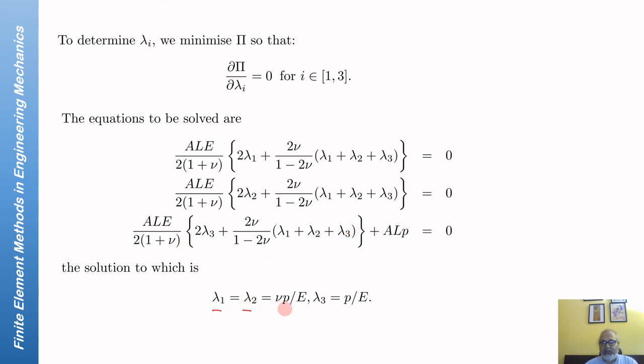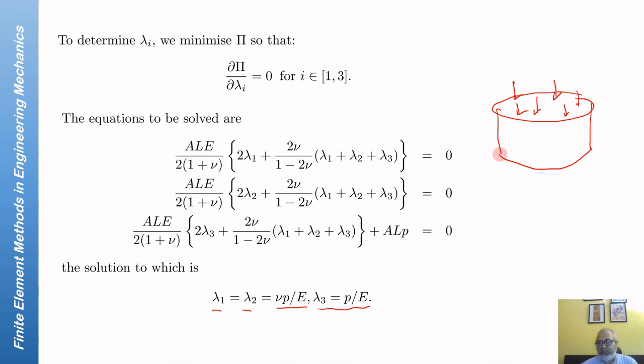The solution is lambda 1, lambda 2 equal to nu P by E, lambda 3 equal to P by E. So remember this cylinder was subjected to pressure from the top.